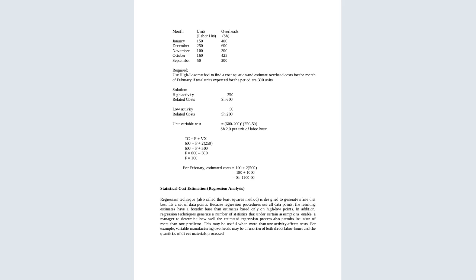So that's what we call the high-low method. We identify the cost function using the highest and the lowest values.